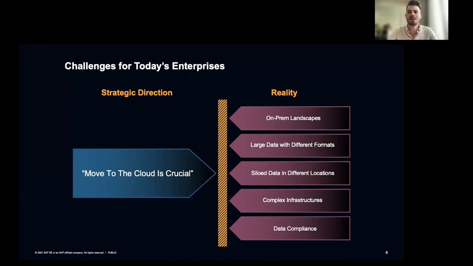And especially looking at our database customer base, we see that our customers are running on-premise landscapes that cannot be easily moved to the cloud. Maybe we see that they have different siloed data locations with large amounts of data with different data formats that somehow need to be integrated.